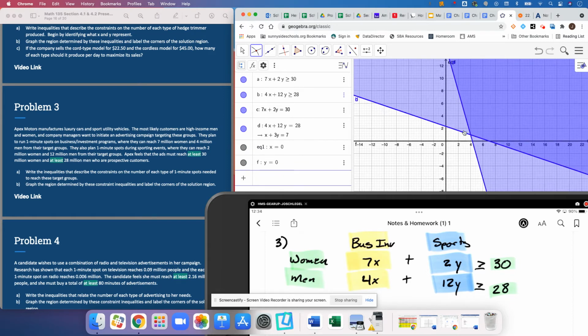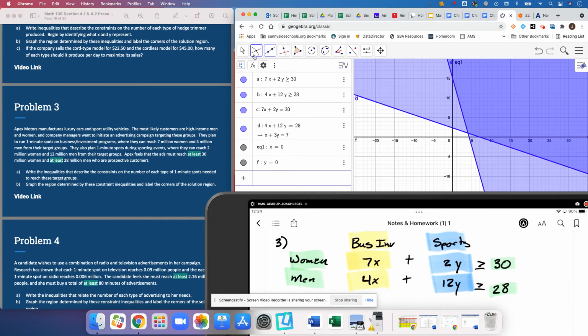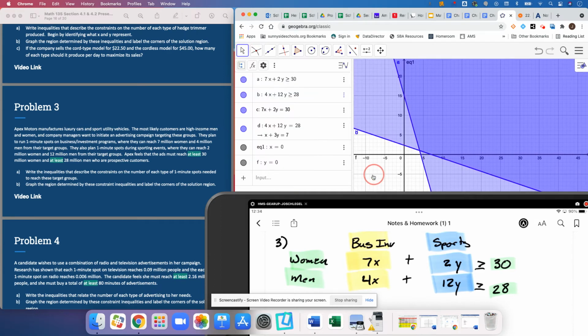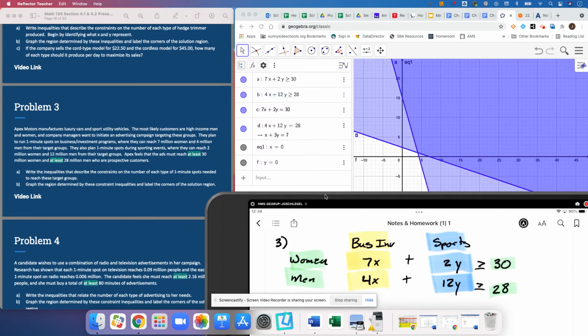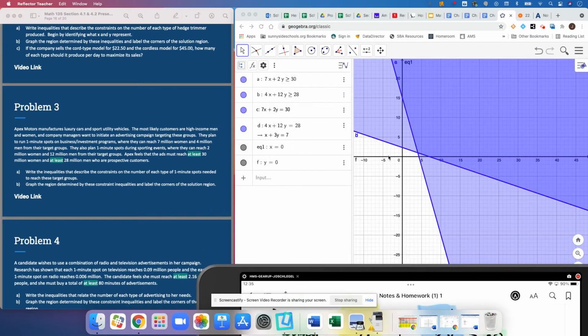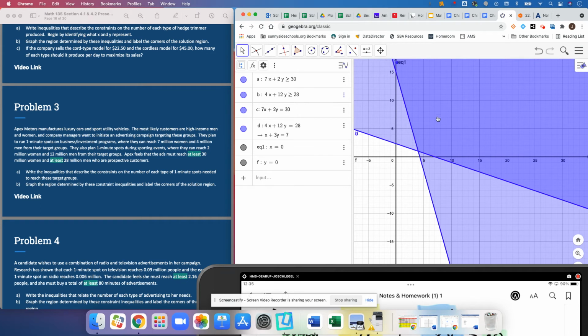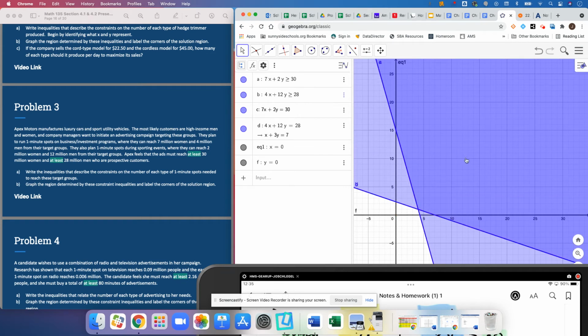So we have bound our, I'm going to have to move my grid a little bit here. We found the bound of our solution, and this time it's greater than, so we end up with this darkened area out here to the right. And so it's going to be everything out here this way that's a possible solution.